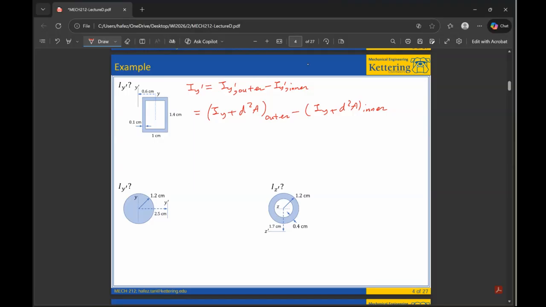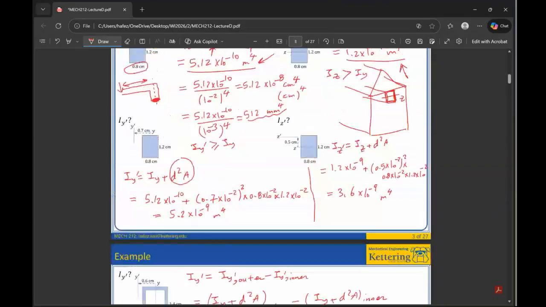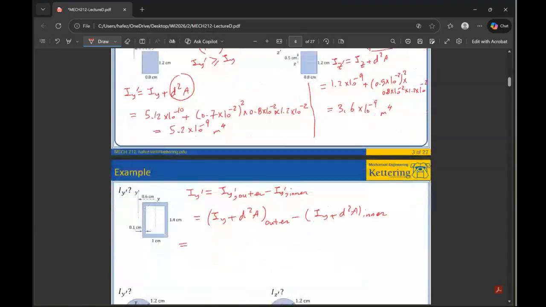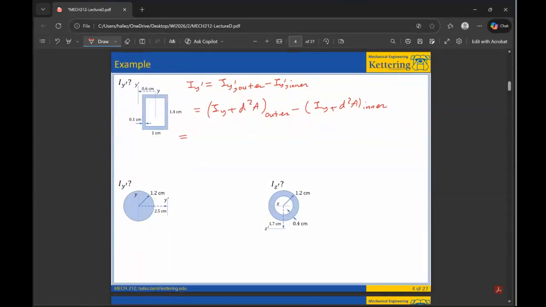So for the outer, just focus on the outer rectangle. We did it in here. Yes, dimensions changed, but the procedure is the same. So do not get misguided by that cavity inside. Just look at the outside.